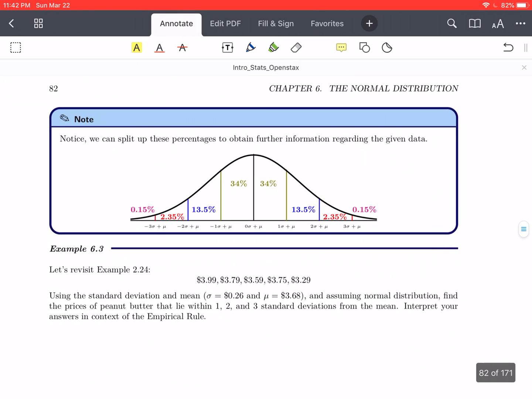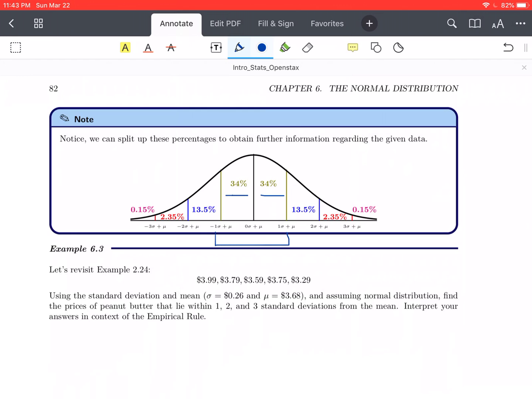One thing the empirical rule helps us do is break down this data and look at it proportionally. Notice that because 68% of the data lies within 1 standard deviation, we can split that up to below and above the mean. That tells me that this is 34 and that's 34, half of 68.